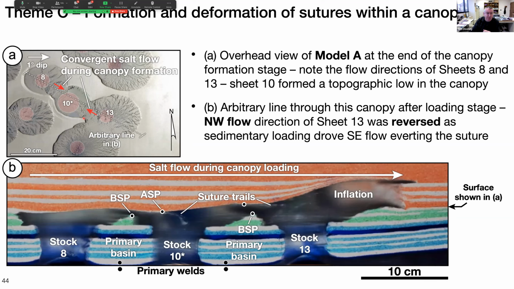So at this time the suture would be somewhere out around here, arcing, and the suture here would be out around here. But at the end of the run, you can see that the sutures are out here and out here. So our suture between sheet 13 and 10, which before had been in here somewhere, has been turned inside out and pushed out to here, and you can just see the edges over here.